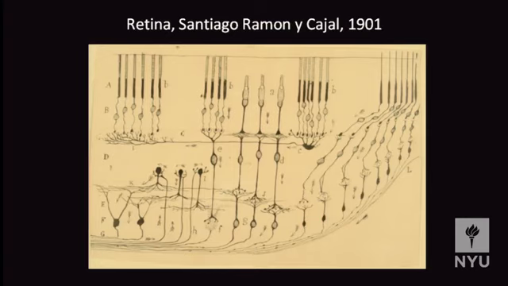And he certainly saw this in the retina, where he knew that all the information was going in one direction, and all the neurons were facing in that direction with the dendrites on one end and the axons on the other, meeting the dendrites of the next cell. And so he developed the principle of directional specificity. Information always flows from the dendrites to the cell body to the axon.